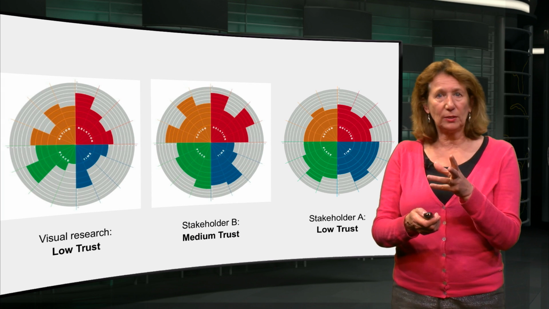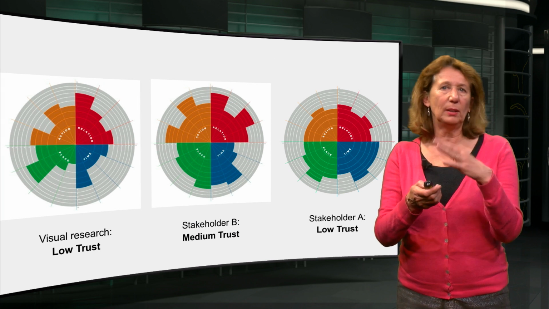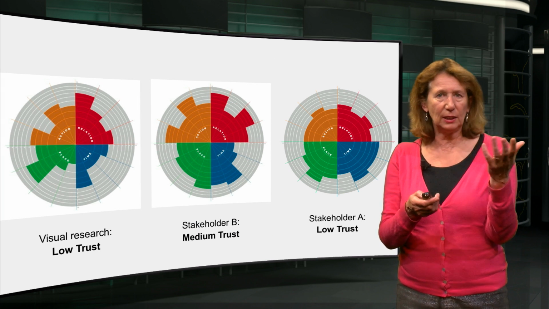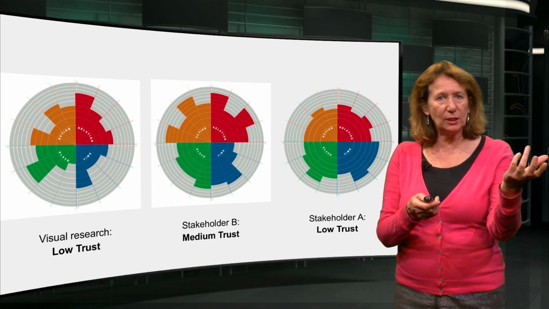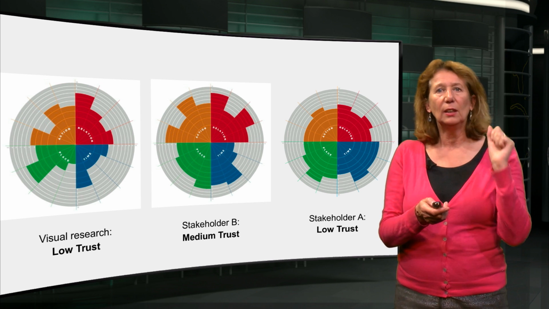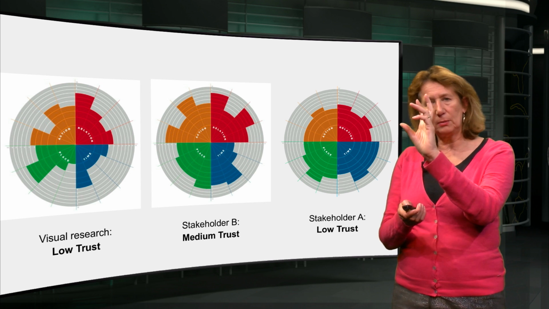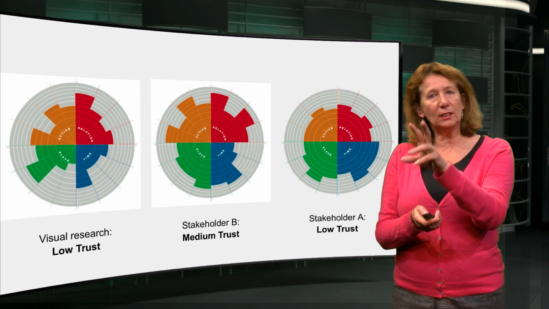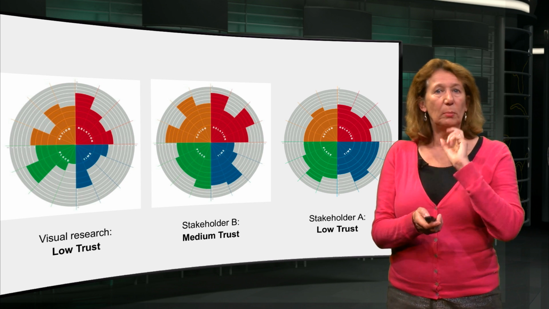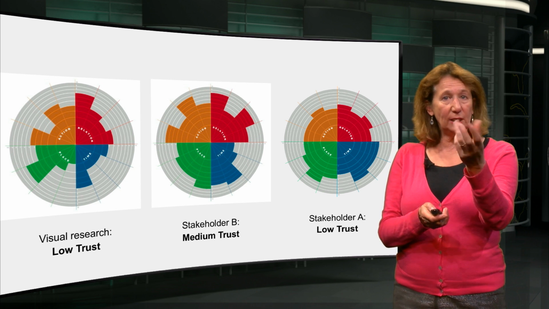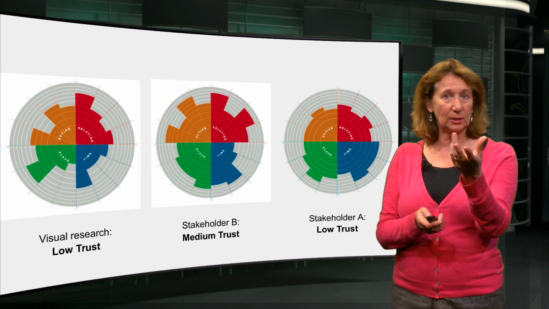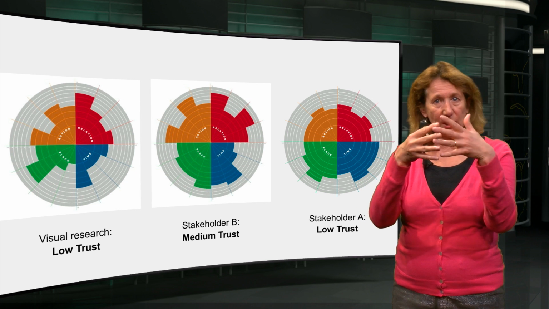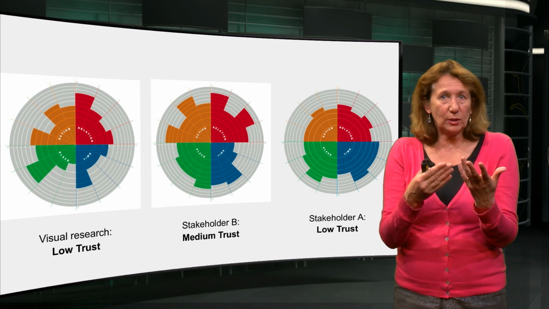And then you get these portraits, and you get different portraits. Here you see one of the researches we did on social safety in a neighborhood. We did a visual research that clearly shows low trust. We did research with the citizens there and the residents that was clearly low trust. But interestingly, the local police, they put in a lot of effort, they had medium trust. So you see there's a discrepancy between these different portraits.